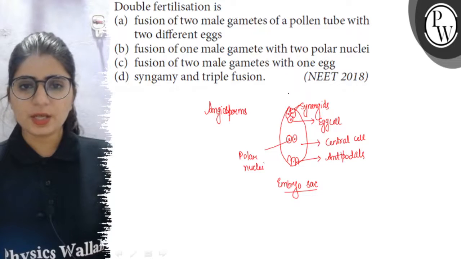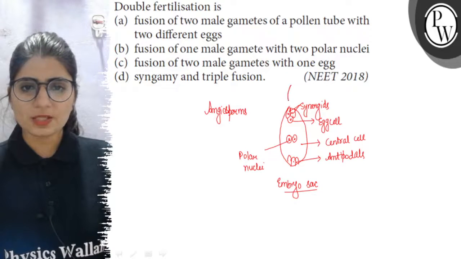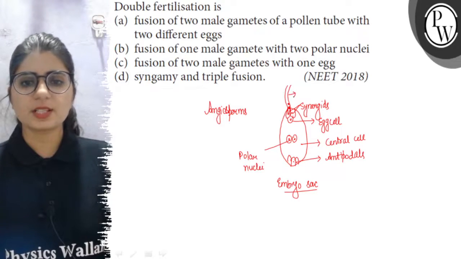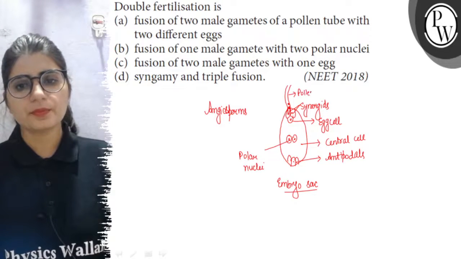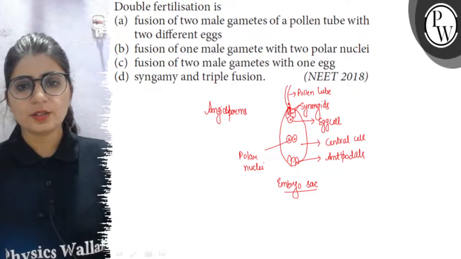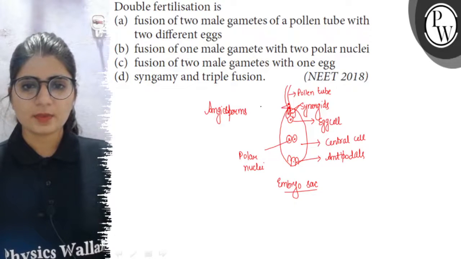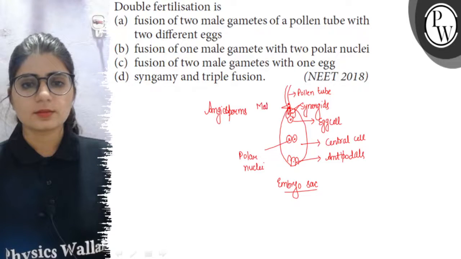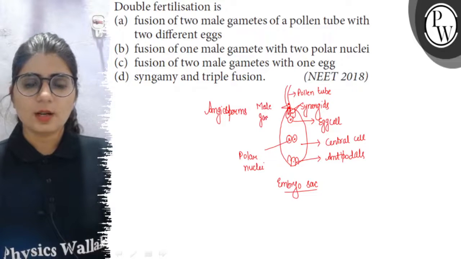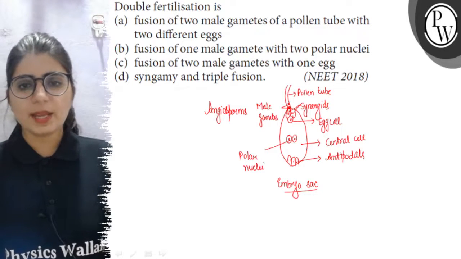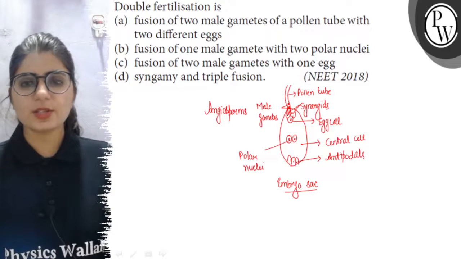Okay. Now what happens after pollination? Pollen grains germinate on stigma and a pollen tube is formed, and each pollen tube here carries two male gametes. So this is the pollen tube and it is having two male gametes. Now these male gametes are discharged into the synergid.